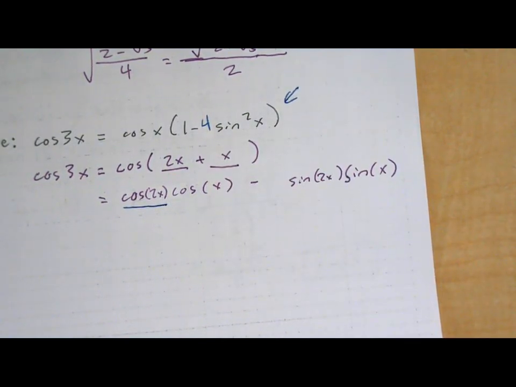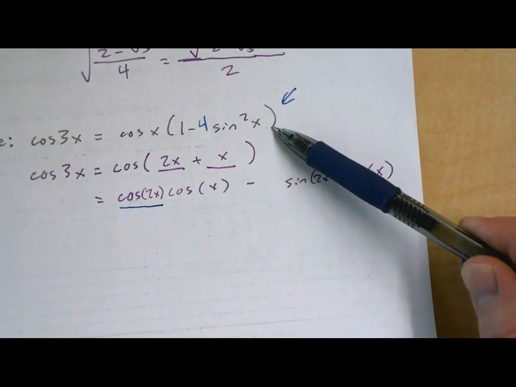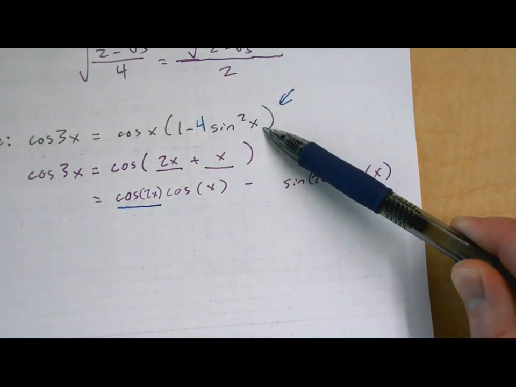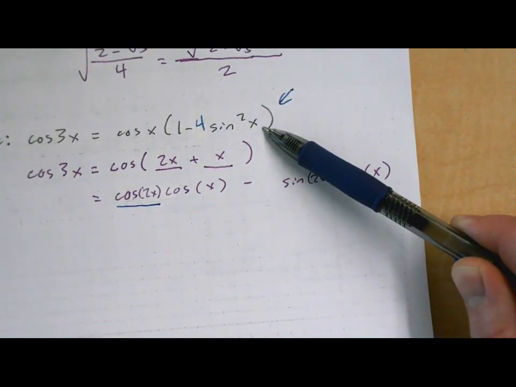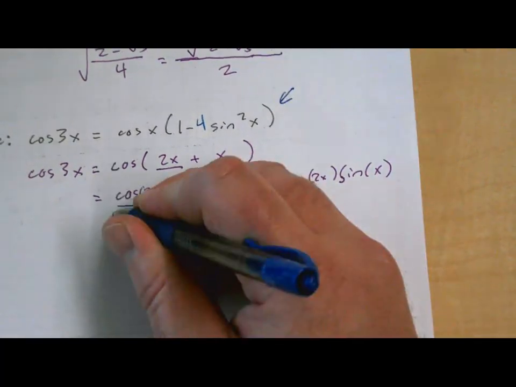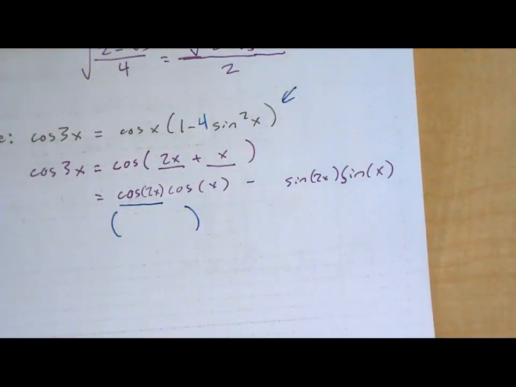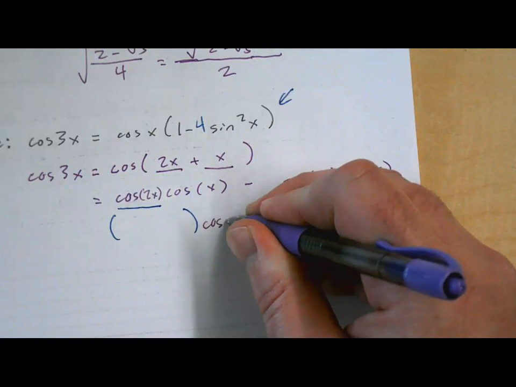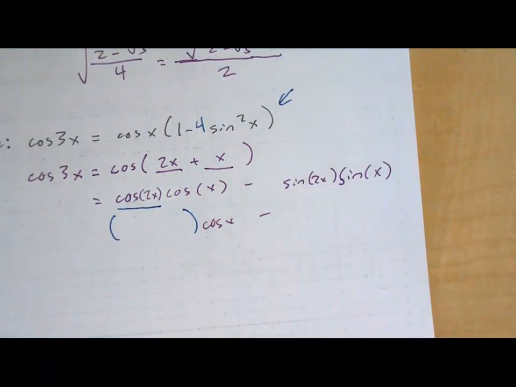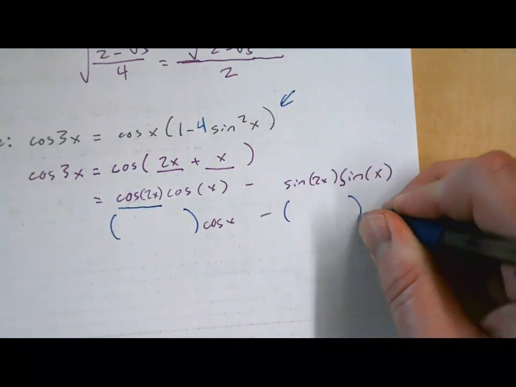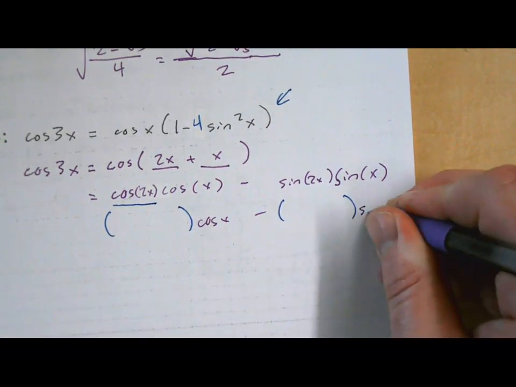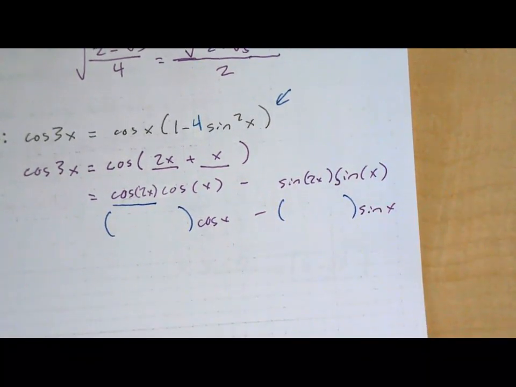It's not exactly that, but there's one that looks a lot like 1 minus 4 sine squared x. That's the one I used to replace this cosine 2x. Sine 2x, there's only one option. See what you can do from there. I'm going to keep checking some assignments.